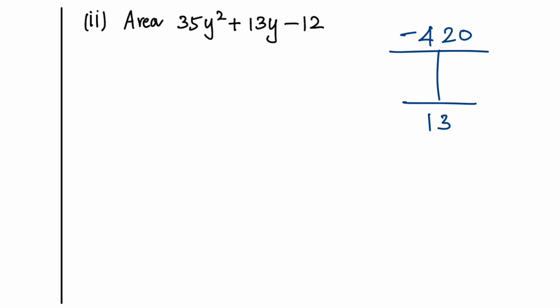Product of two numbers, which is going to be minus 420 and the sum should be 13, right? You can try out with multiple things. You can start with 20, and we are just trying to find a middle point and you're going to think if you can go left or right. Okay, just a trial and error method.